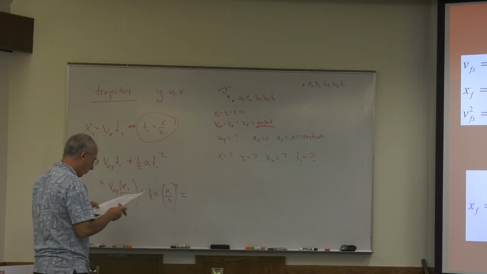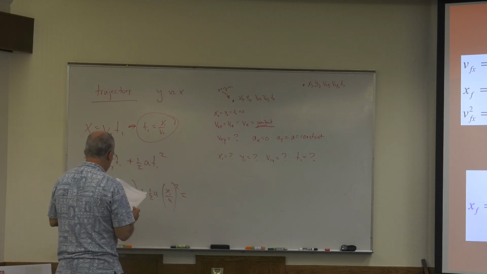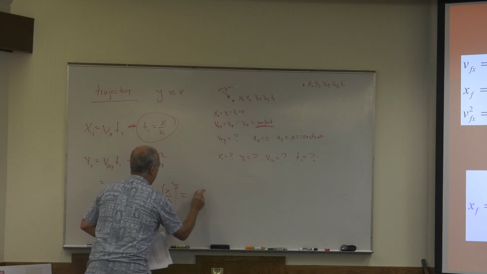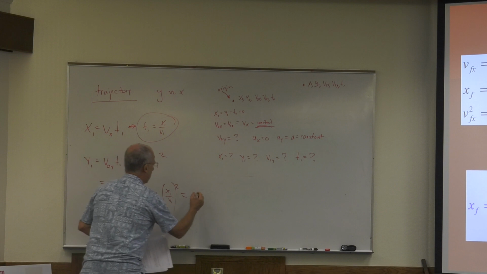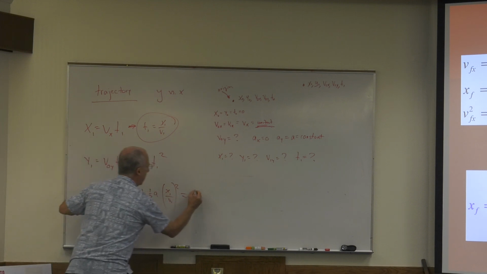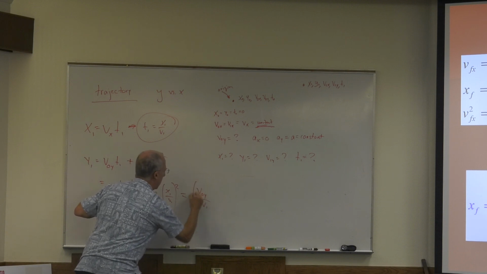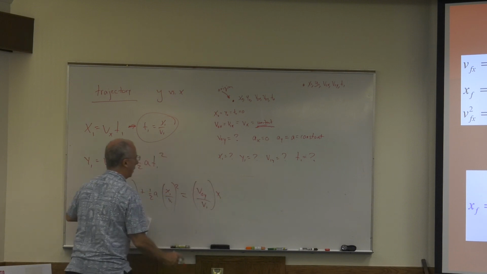All right, great. Let's write it a nice way, you'll see. I'm going to write this as v0y over v1 times x1.